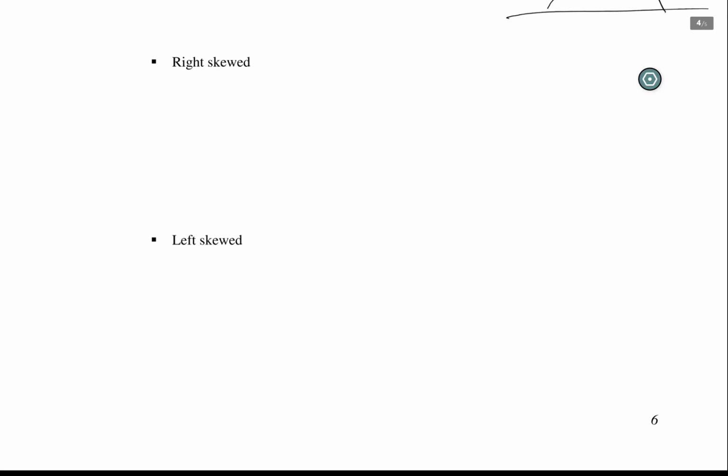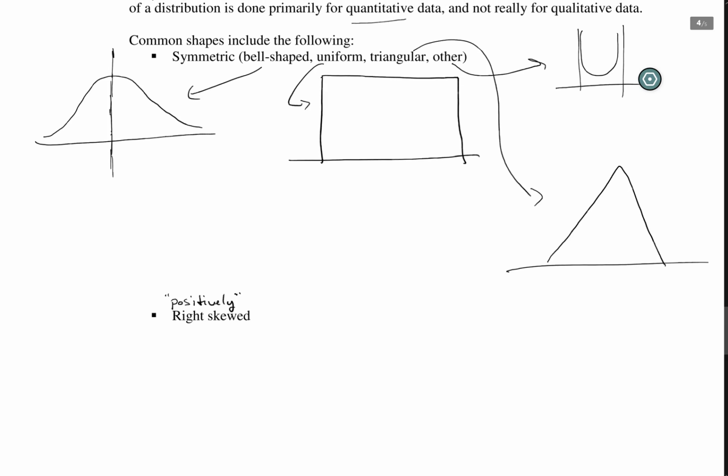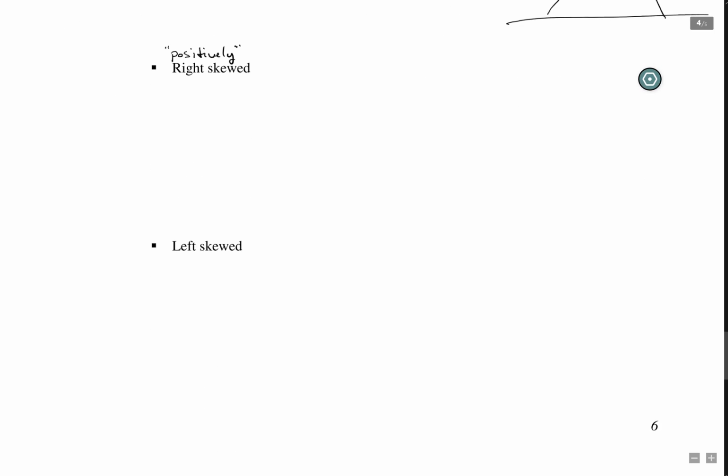We could also have a right-skewed distribution, which is a right-skewed shape. Sometimes that's called positively skewed, and the way I like to think of right skewed is if we start with a symmetric bell-shaped curve and we take the right tail and we start to stretch it out, it would look something like this.